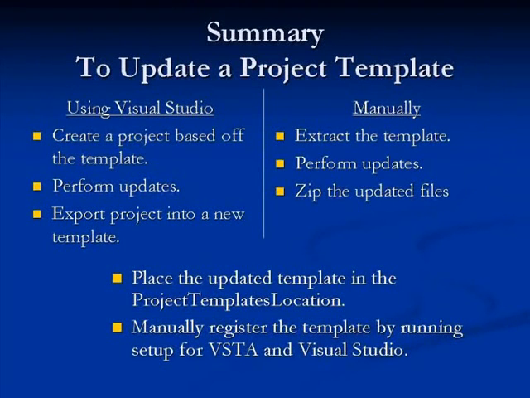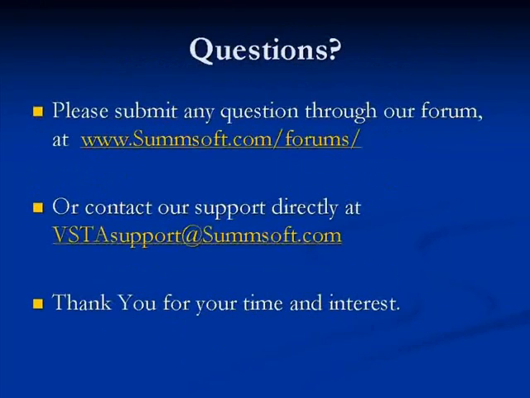For both types of updates, we then copied the updated template to the project templates location and manually registered it with VSTA and Visual Studio. This concludes the Updating a VSTA Project Template tutorial.